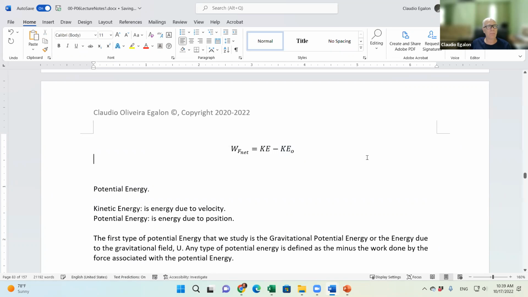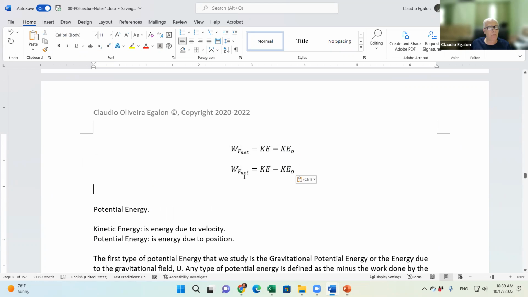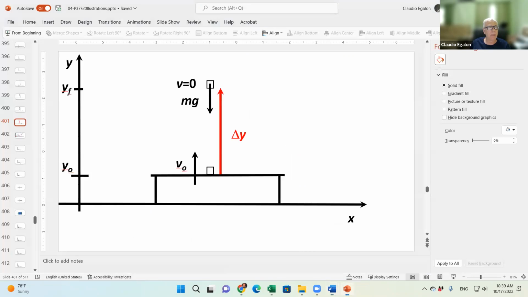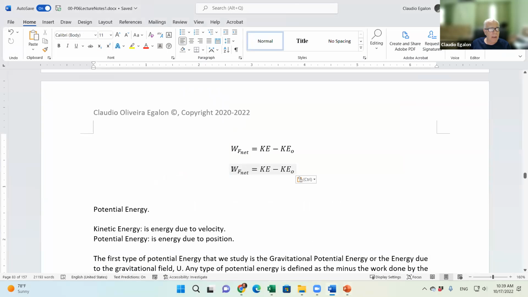But don't forget the work done by the net force. How many forces do you have applied to the object? The moment that he leaves the trampoline, the only force acting on the gymnast is going to be mg, right? So in this special case, the work done by the net force is going to be the work done by the weight.